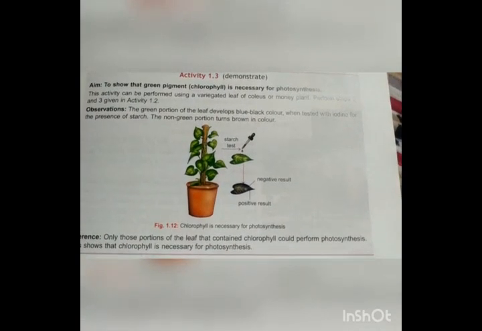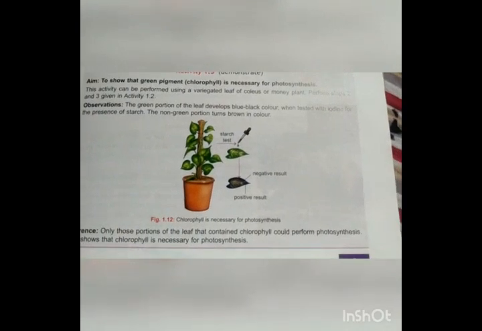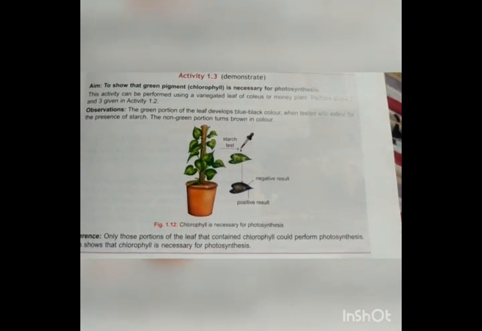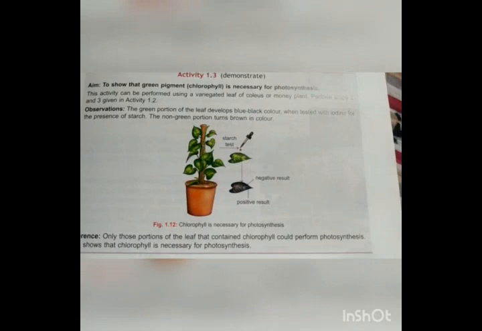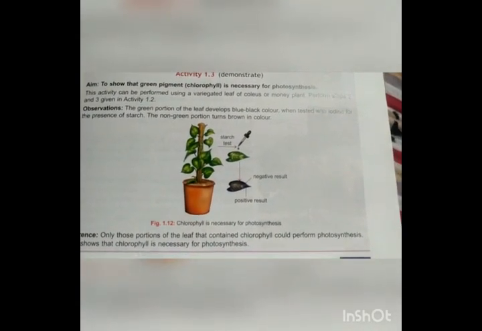When we put iodine solution on the variegated leaf, the green portion develops a blue black color, and the non-green portion turns brown.